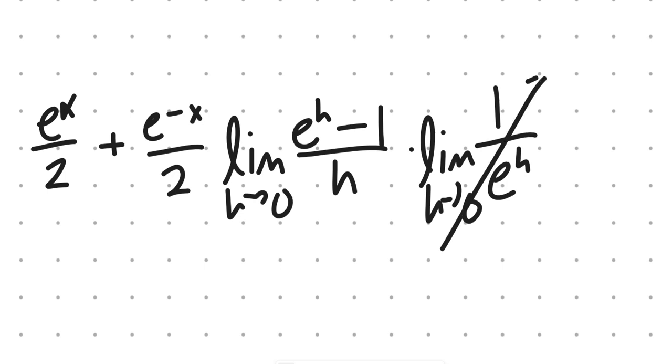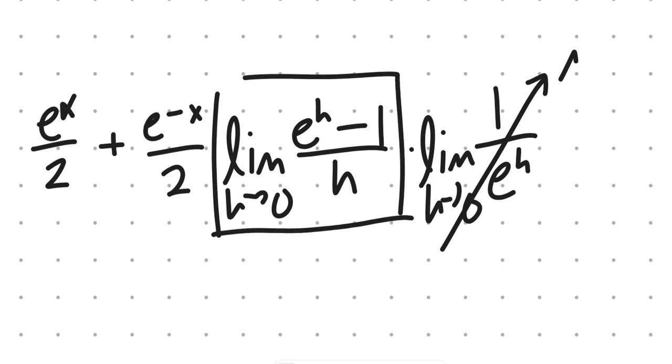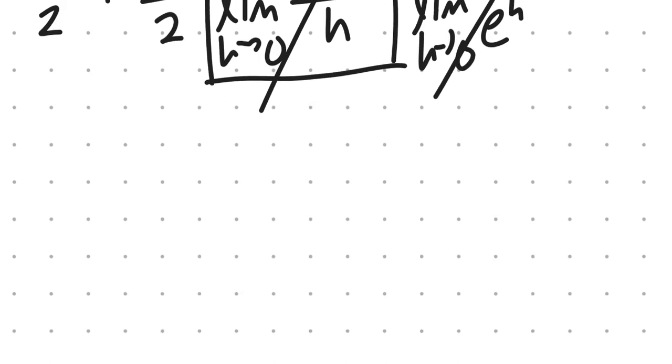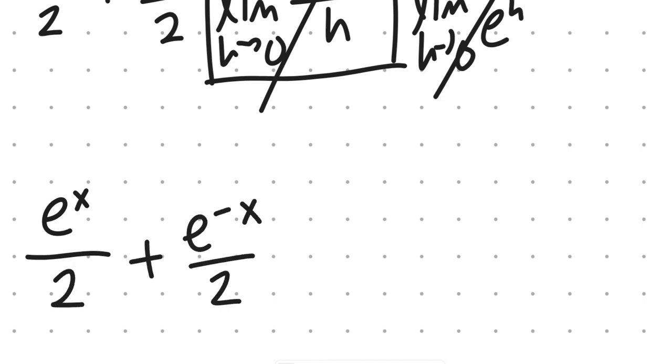This one is equal to 1, since 1 over e to the 0 is 1 over 1, which is 1. And the other limit we just talked about also approaches 1. So the whole thing is just equal to e to the x over 2 plus e to the negative x over 2.